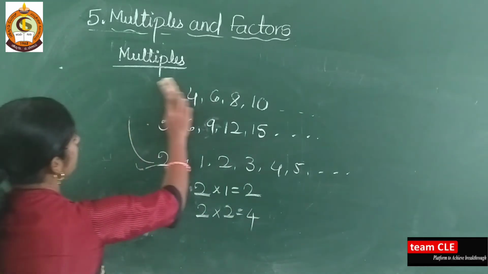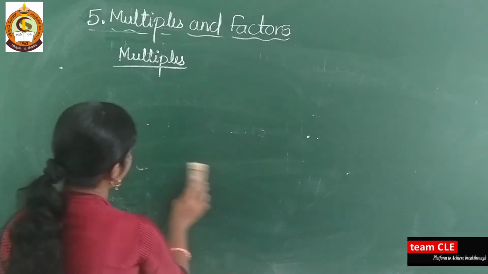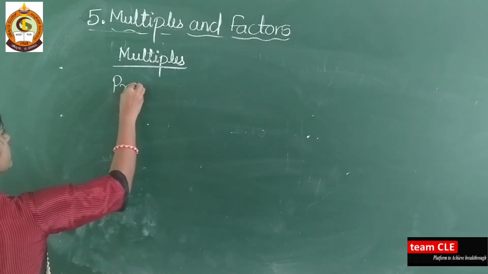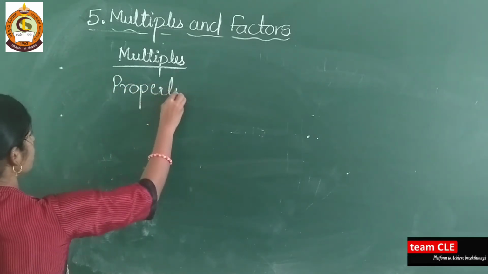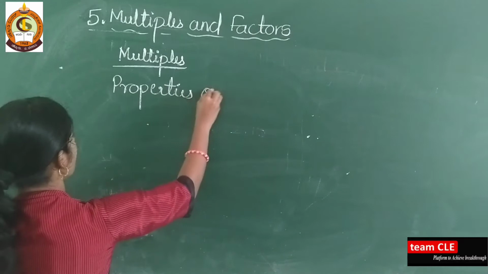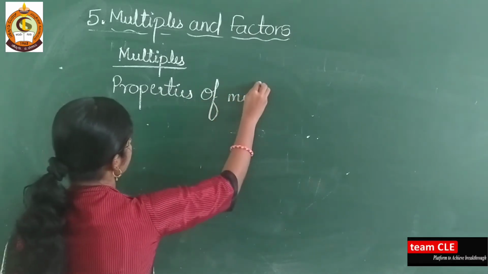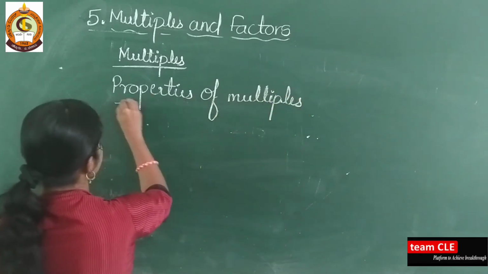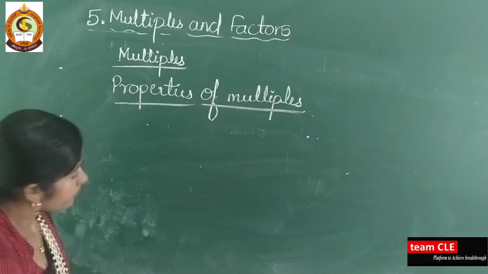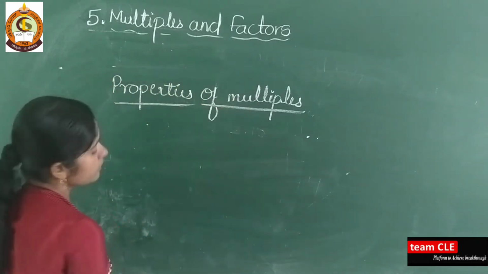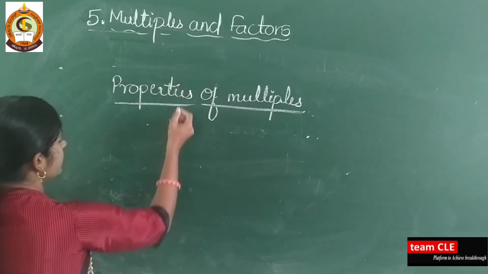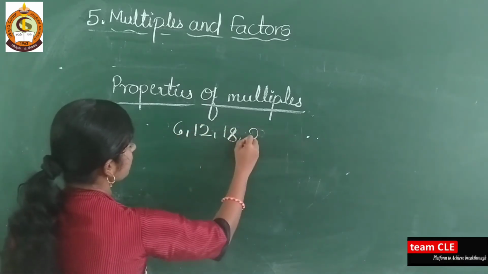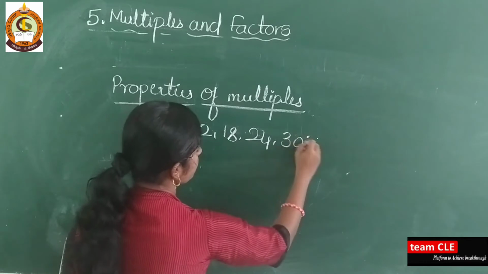Next we will learn the properties of multiples. Very important concept, properties of multiples. So let us see some properties of multiples. I will take some examples: 6, 12, 18, and so on.